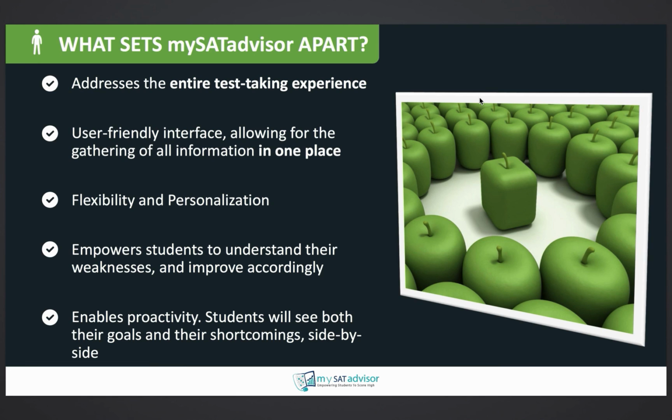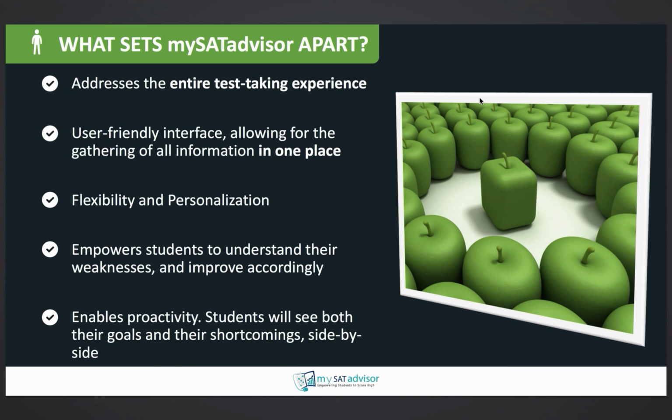And finally, we hope that your student will understand the flexibility and personalization of this software. We really hope that students are able to understand their weaknesses, but we want them to do so within their comfort levels. We want them to do so in adherence to their own study habits. Because all students are different, and we want all students to be able to reach whatever their own target score is, irrespective of anybody else.